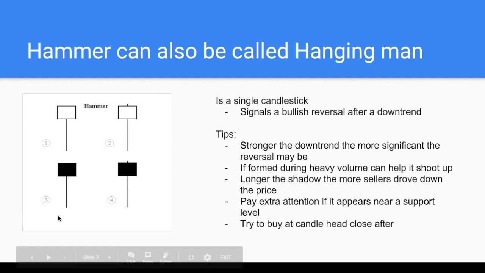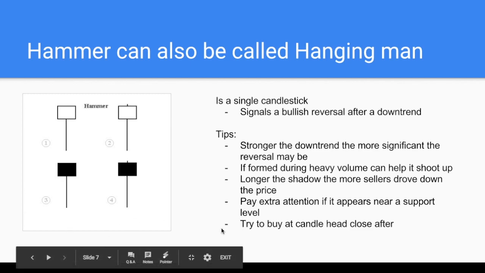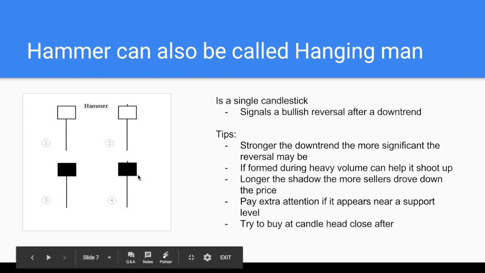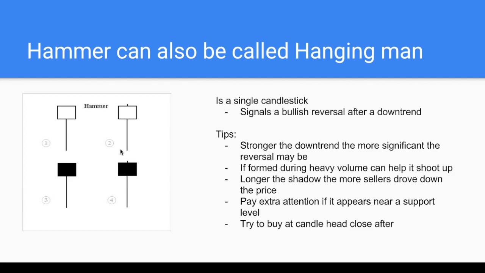The hammer is usually at the bottom of a chart, and it shows bullish signs after a strong downtrend like we went over before. But the Hanging Man is usually at the top of a chart, and when you see that single hammer-looking candlestick right there at the top, that's a sign that the stock might go down instead of up.